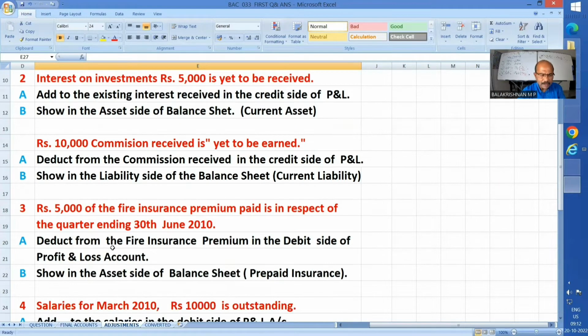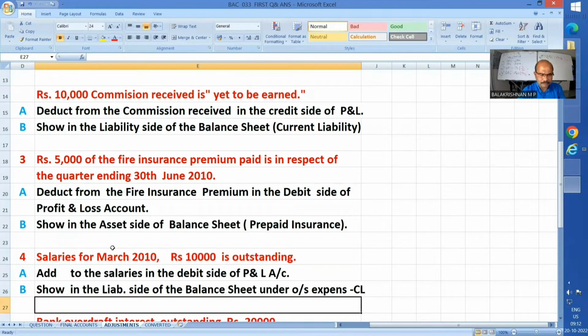And the third one. Rupees 5,000 of the fire insurance premium paid is in respect of the quarter ending 30th June 2010. Carefully read it. Rupees 5,000 of the fire insurance premium. So that itself is the prepaid part.